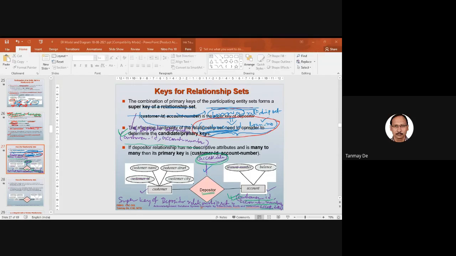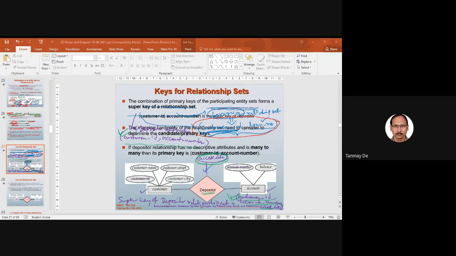If the depositor relationship set is one-to-one, not many-to-many, at that time the primary key of any one of the entity sets serves as the primary key of the relationship set, if there is no descriptive attribute.